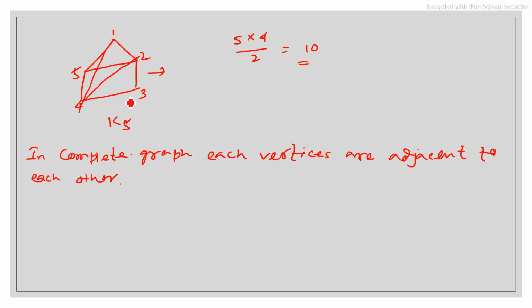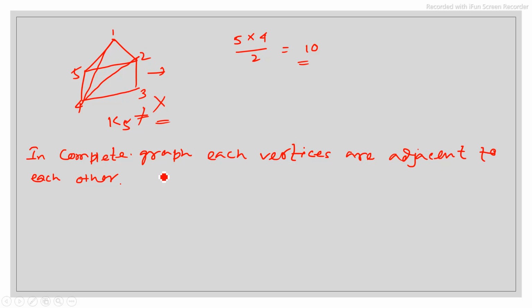But you can see here that vertex 1 is not adjacent to 3. Also 5 is not adjacent to 3. So this is not K5, and this is not a complete graph.